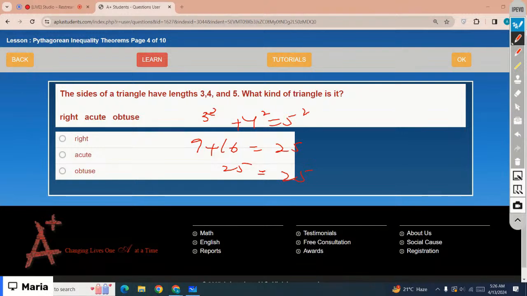That means they are a right triangle. The correct option is right triangle.